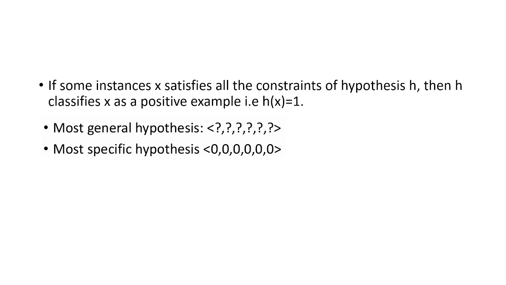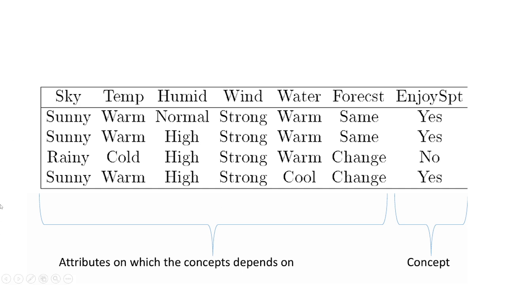If some instance X satisfies all constraints of hypothesis H, then H classifies X as a positive example. We can denote that as H of X equal to 1. So these are all the instances: first instance, second instance, third instance, fourth instance.